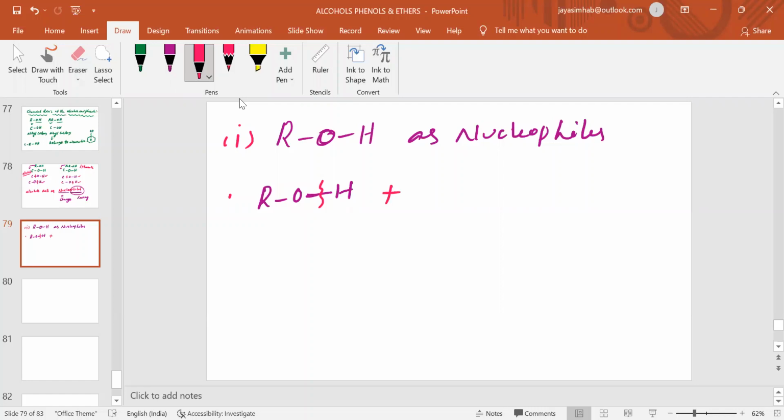I'll show you like that. Suppose this is a nucleophilic center, a carbocation I can say. This is one of the nucleophilic centers you can write.